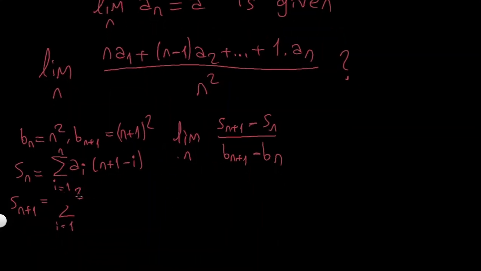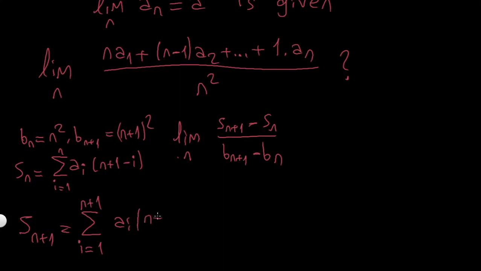Okay, let's write this a bit further down. So I have S of n plus 1. Instead of n, I'm just going to put n plus 1, so i is going from 1 to n plus 1, of ai times n plus 2 minus i. I put n plus 1, so it became n plus 2.